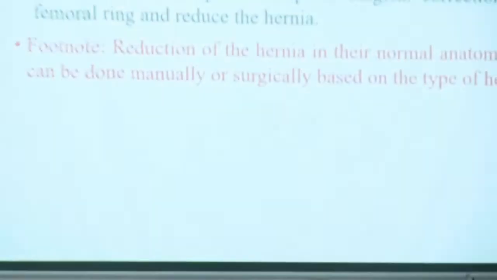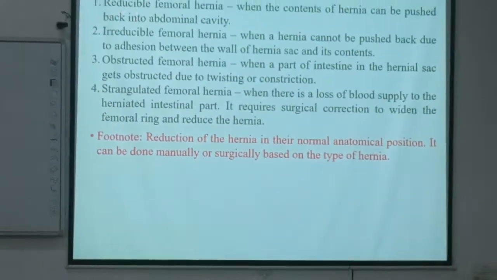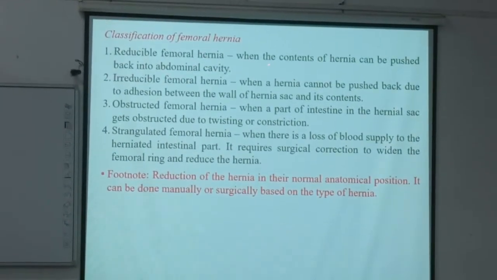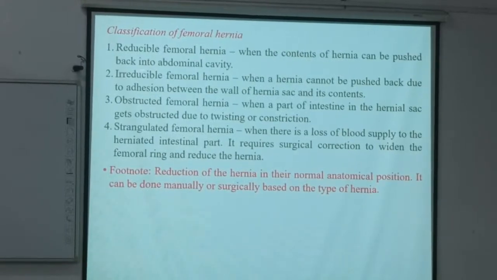Next, these are the classifications of femoral hernia. Reducible femoral hernia is when the contents of the hernia can be pushed back into the abdominal cavity. Irreducible means the hernia cannot be pushed back due to adhesion between the wall of the hernial sac and its content.